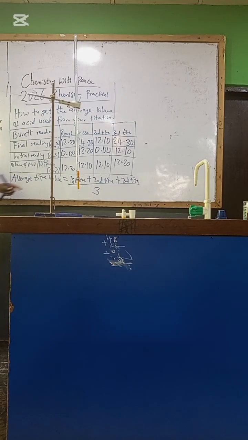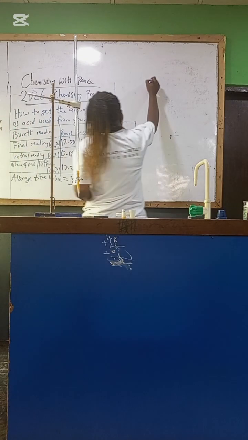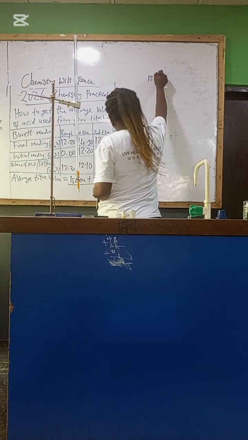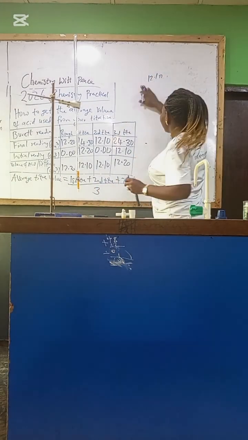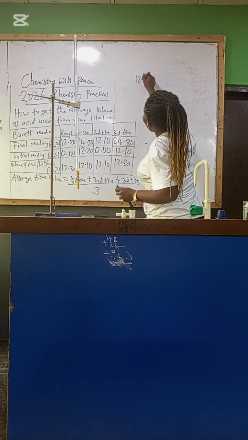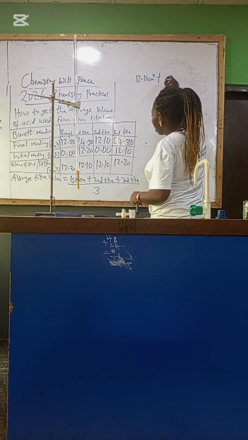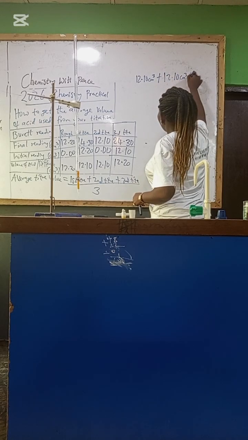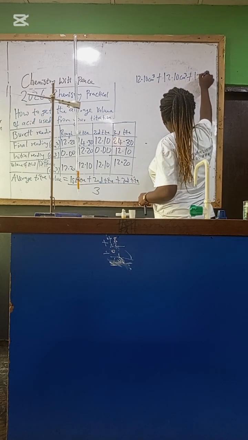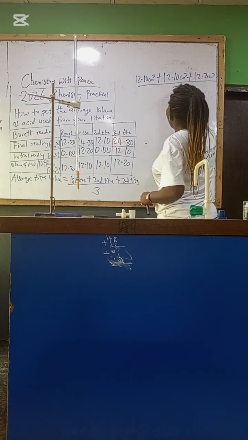From the titration, our first Titre is what? 12.10 plus, okay, don't forget the units. 12.10 centimeter cube plus 12.10 centimeter cube plus 12.20 centimeter cube all over 3.